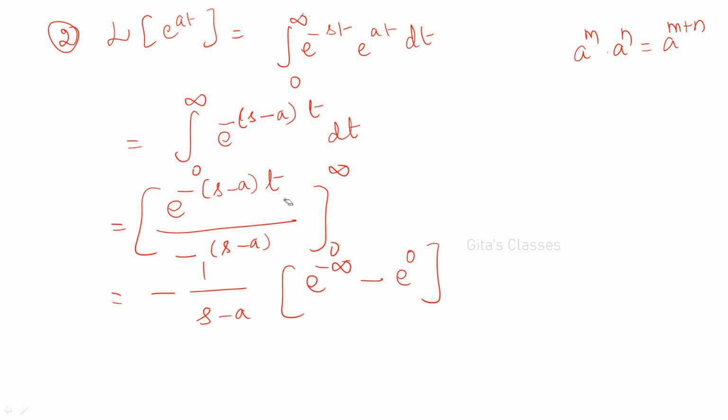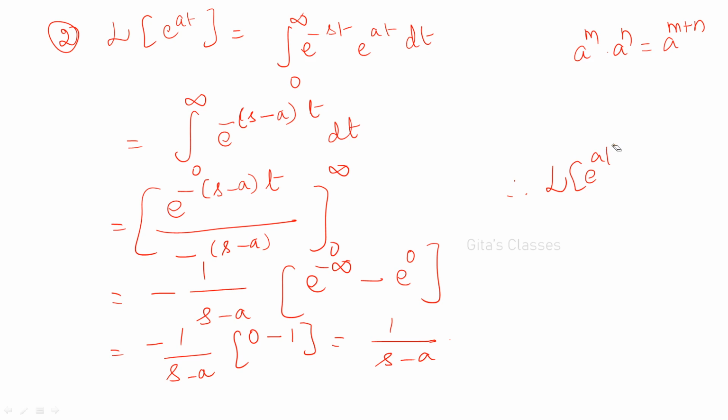So t is equal to infinity and t is equal to 0. This becomes minus 1 by s minus a into e power minus infinity is 0, e power 0 is 1. Therefore minus minus becomes plus, so 1 by s minus a. Therefore L of e power at is equal to 1 by s minus a.